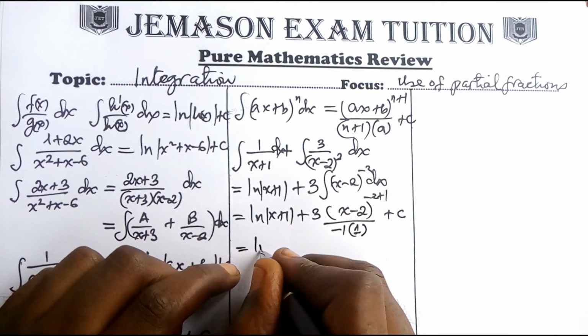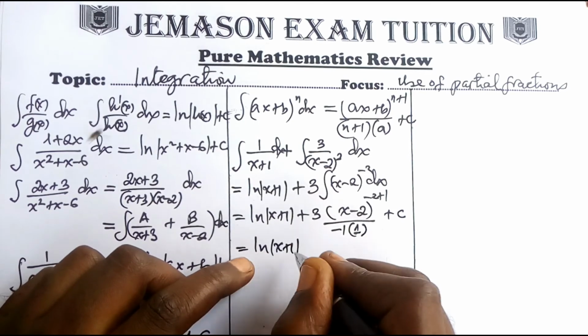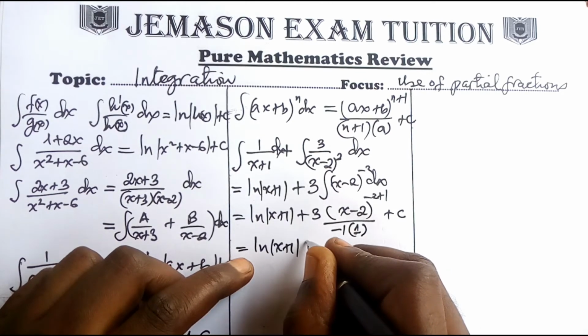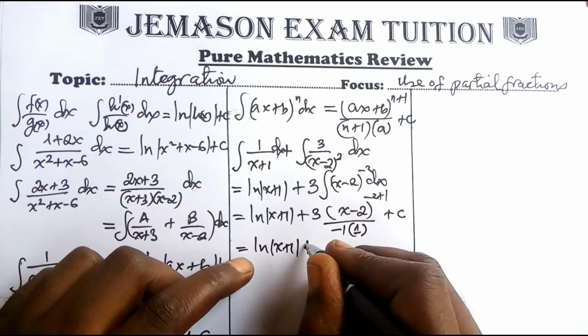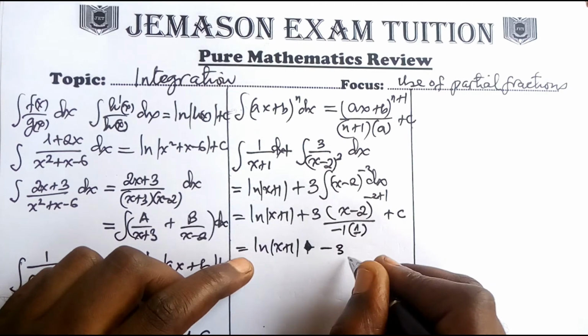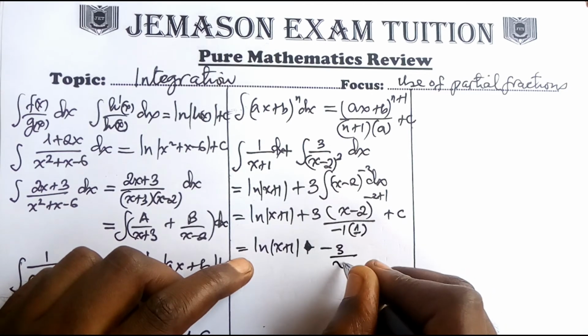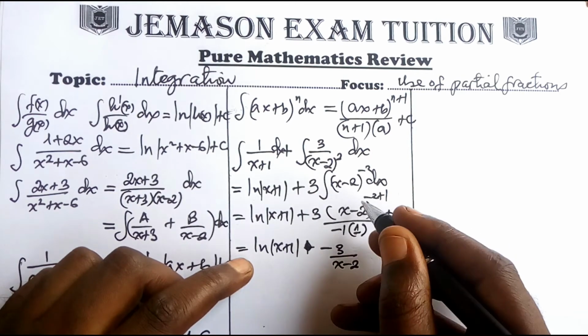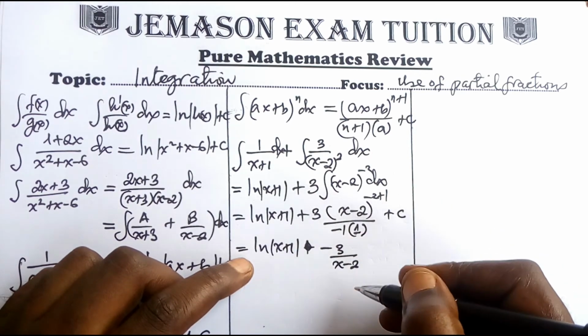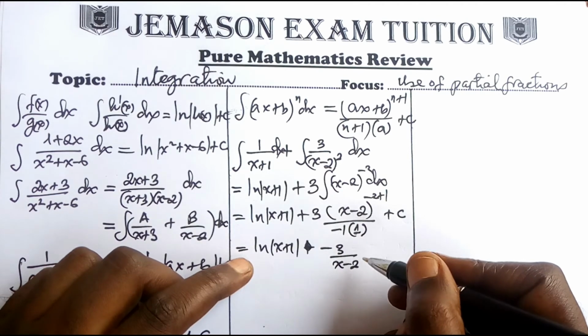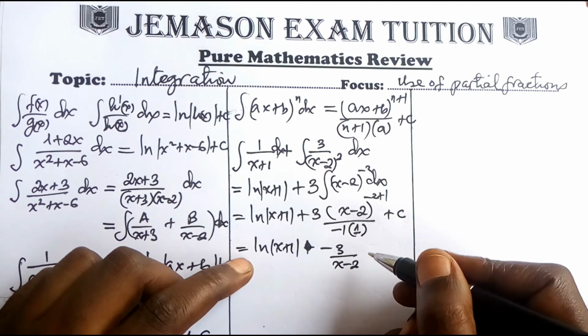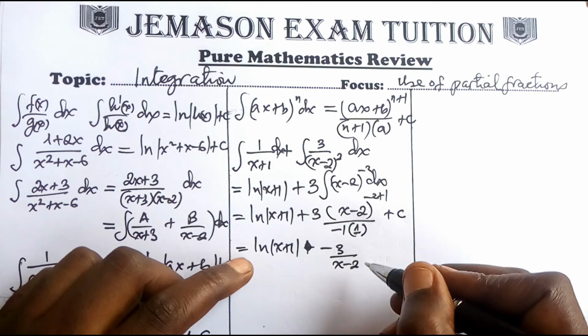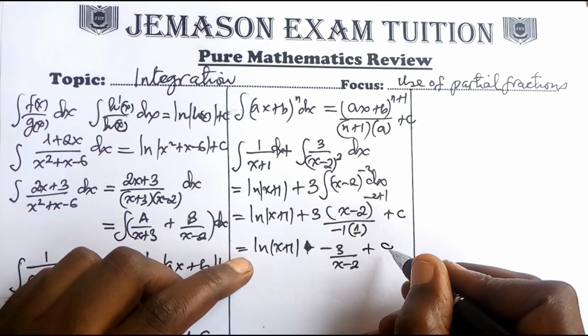That gives ln of x plus 1 minus 3 all over x minus 2, since x minus 2 to the negative 1 is 1 all over x minus 2.